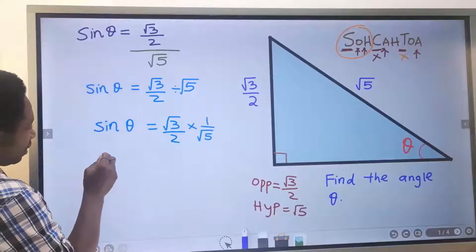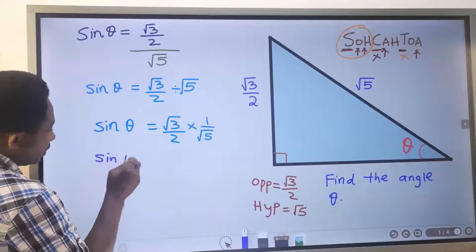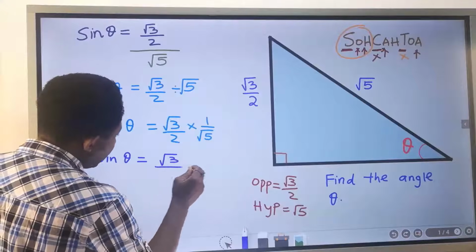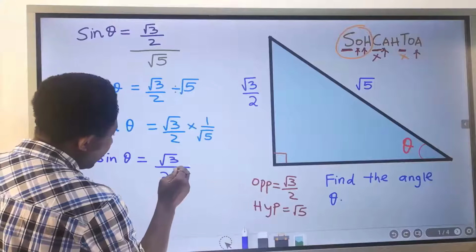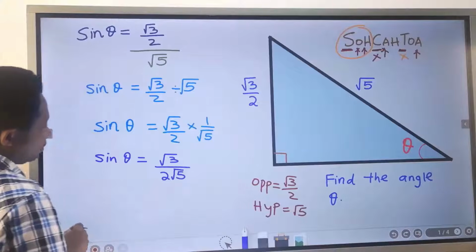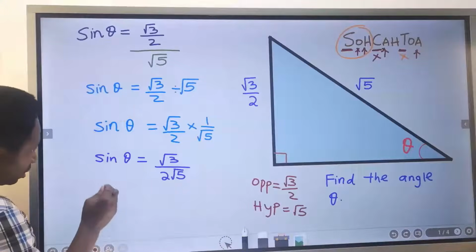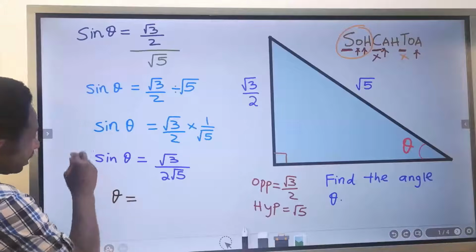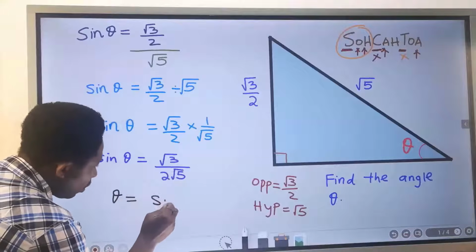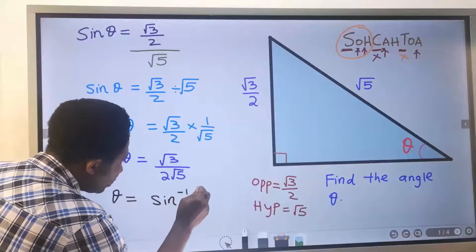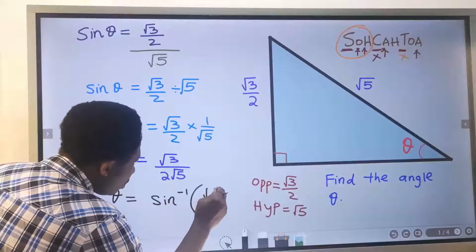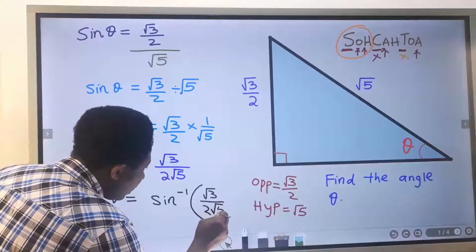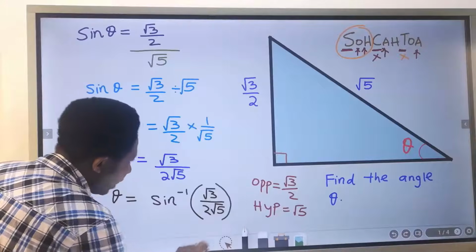Here sine theta is the square root of 3 divided by 2 multiplied by the square root of 5. Next, our angle theta is this sine will move across and become the sine inverse of the square root of 3 divided by 2 multiplied by the square root of 5 in brackets.